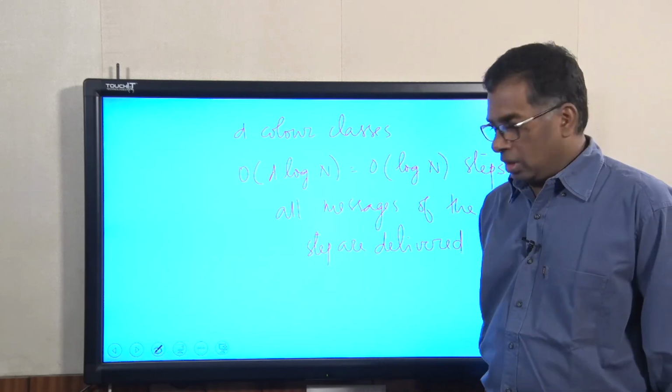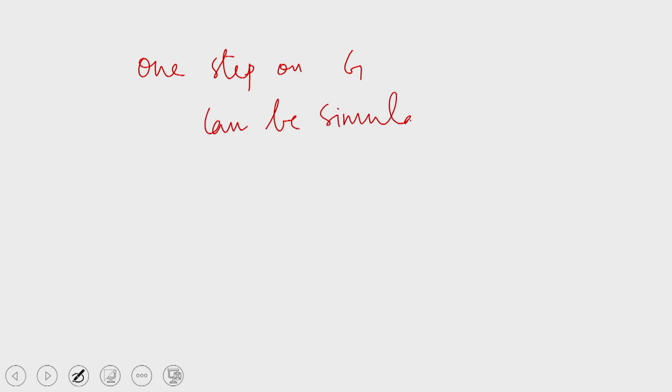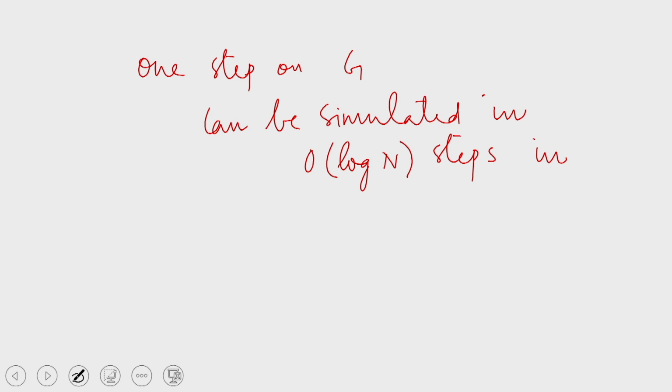Therefore, one step of G can be simulated in order of log n steps in the wrap butterfly of dimensions log n.